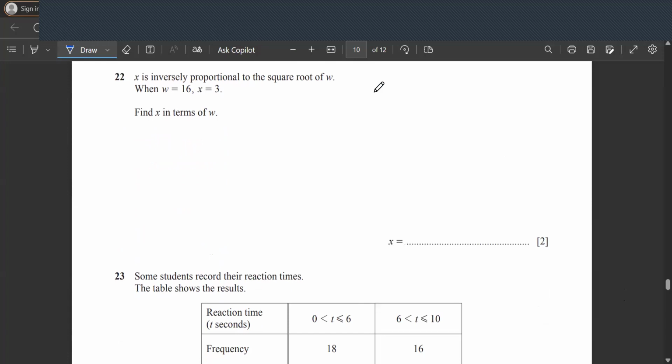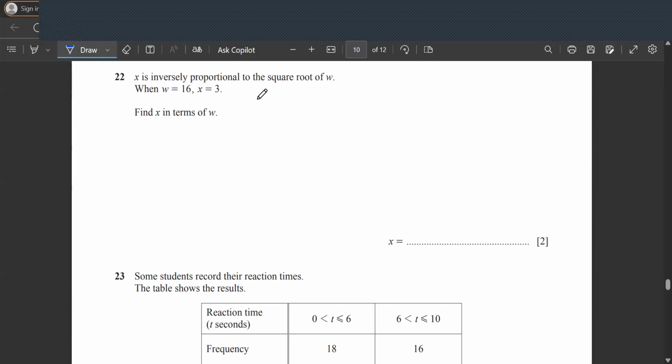Now, x is inversely proportional to the square root of w. Please read the question properly. Square of w is different than square root of w. Square of w means w squared, but square root of w means the square root of w.